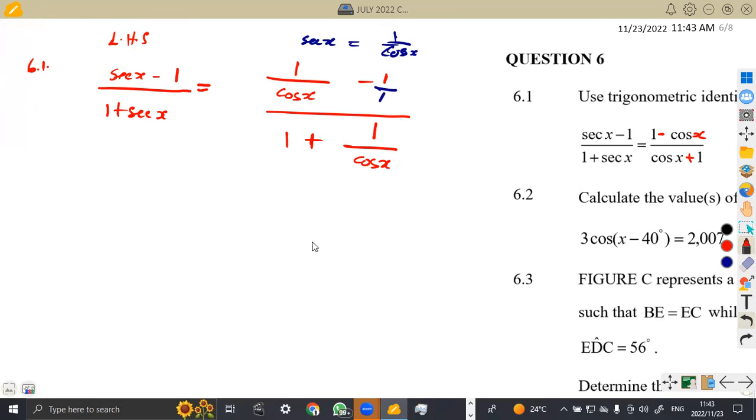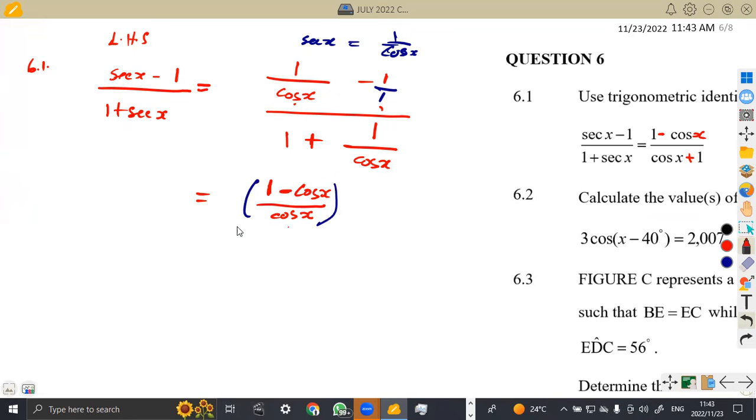So you're finding the LCM of cos x and 1, which is going to give you cos x. So this is the numerator. Remember, adding or subtracting, it's the same thing. So it's cos x divided by cos x, which is 1, so 1 times 1, that is 1, minus cos x divided by 1, that's cos x times 1, which is cos x. So take note, this is the numerator that we have.